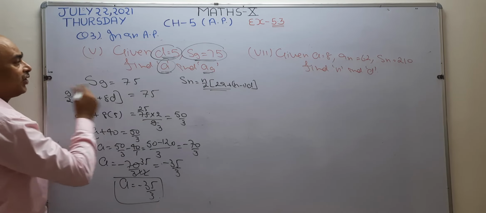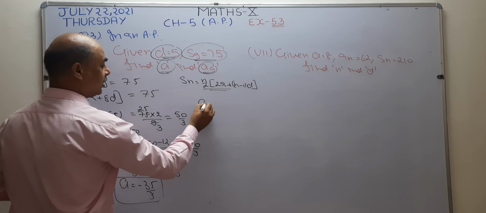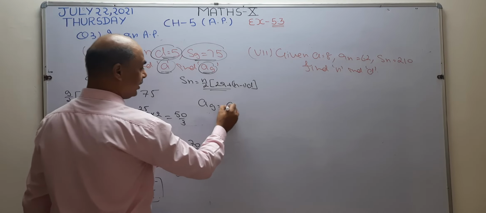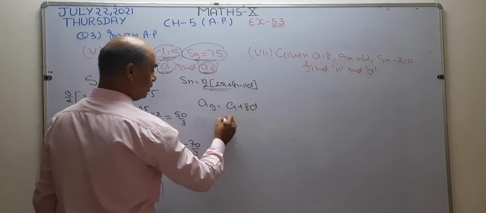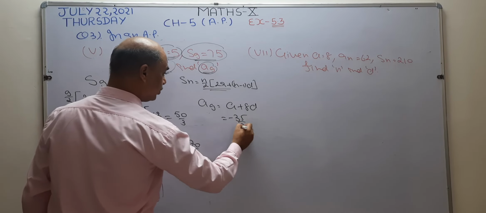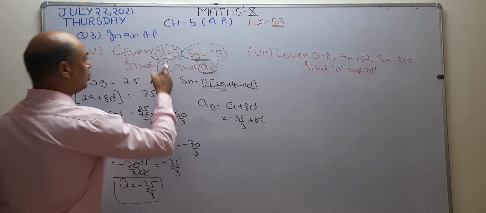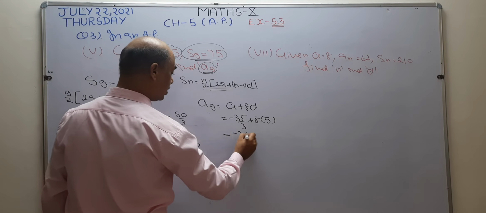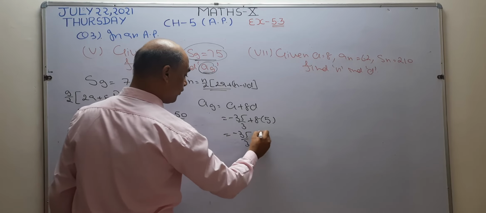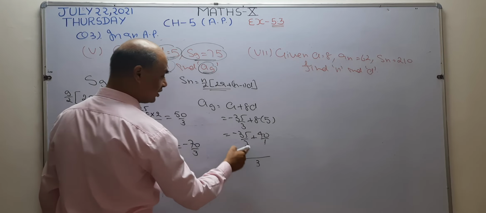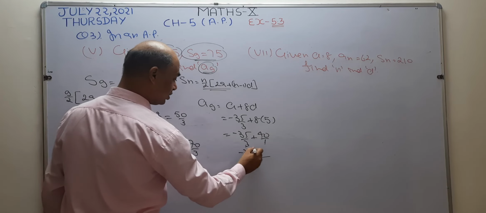After that we have to find the ninth term of an AP. What is the formula to find the ninth term of an AP? The formula is a plus 8d. So the value of a is given, which is minus 35 by 3, and 8. The value of d is also given, which is 5, right here 5. So this becomes minus 35 by 3 plus 8 5s are 40. Again take the LCM. The LCM of 3 and 1 is 3. 3 is cancelled with 3. What is left? Minus 35.